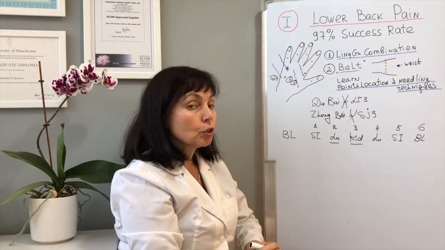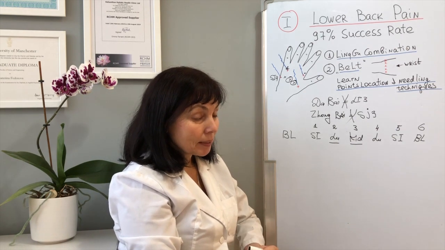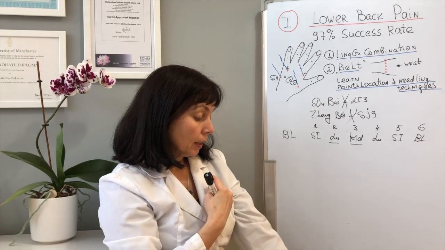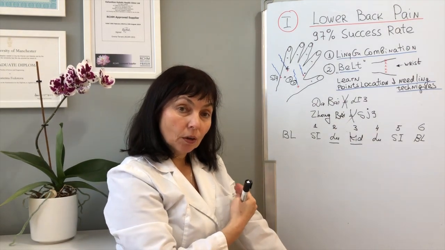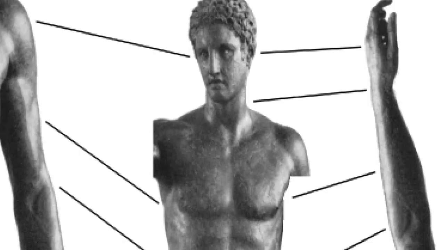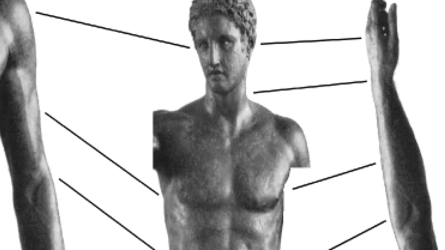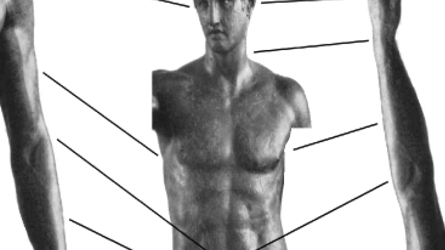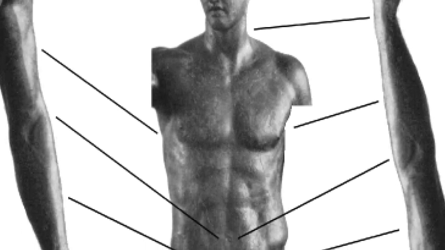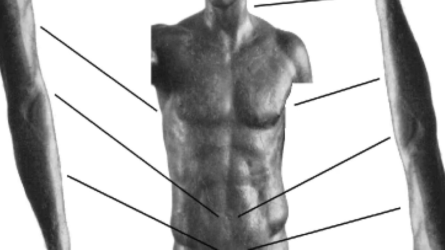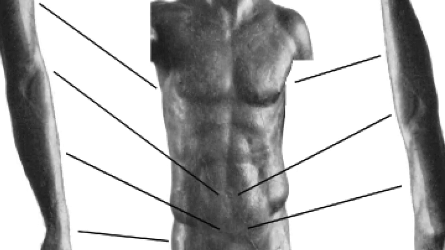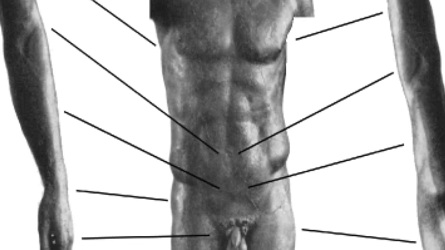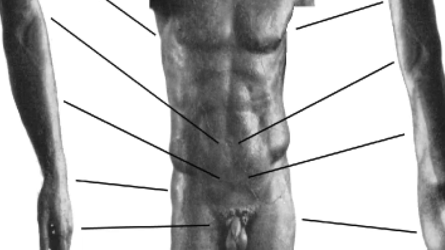Where should we add these points? Let's imagine that we project our body onto our arm. So the upper part of the back will be the upper part of the arm. The elbow will coincide with the waist, and from the elbow to the wrist will represent the lower part of the body.